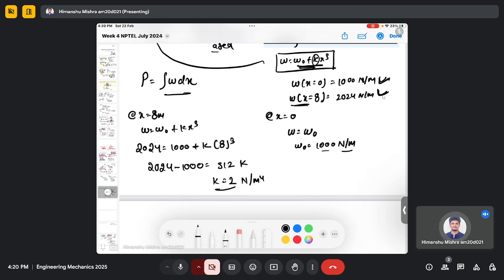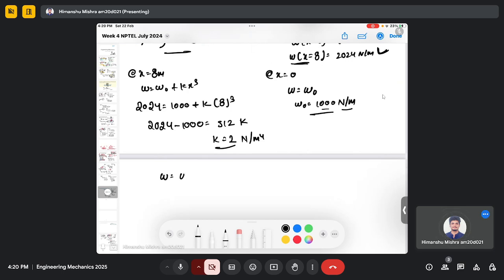So now we have K, we have W naught. So our expression of W will be 1000 plus 2x cube.